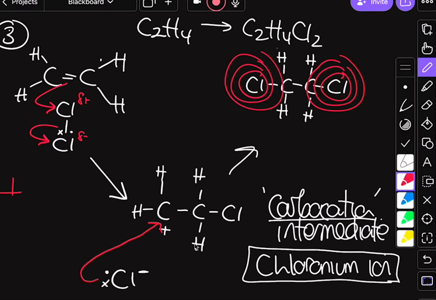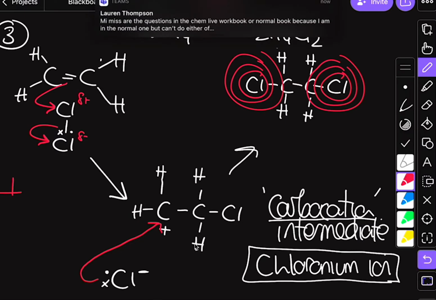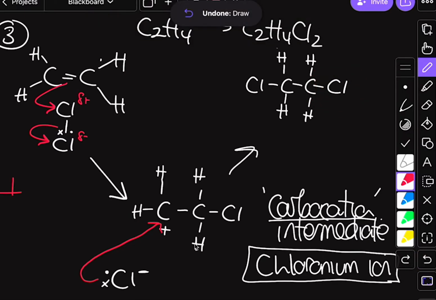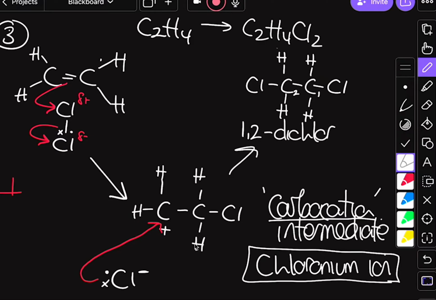They will try to orientate themselves as far away from each other as they can, so we put them to the sides just to be safe. For the SEC, it's very straightforward. It doesn't matter which carbon is 1 or which is 2 because they've each got a chlorine. But in terms of naming, we have to give the numbers, and the fact there are 2 chlorines turns it into dichloro, and because it has 2 carbons and it's saturated, dichloroethane.